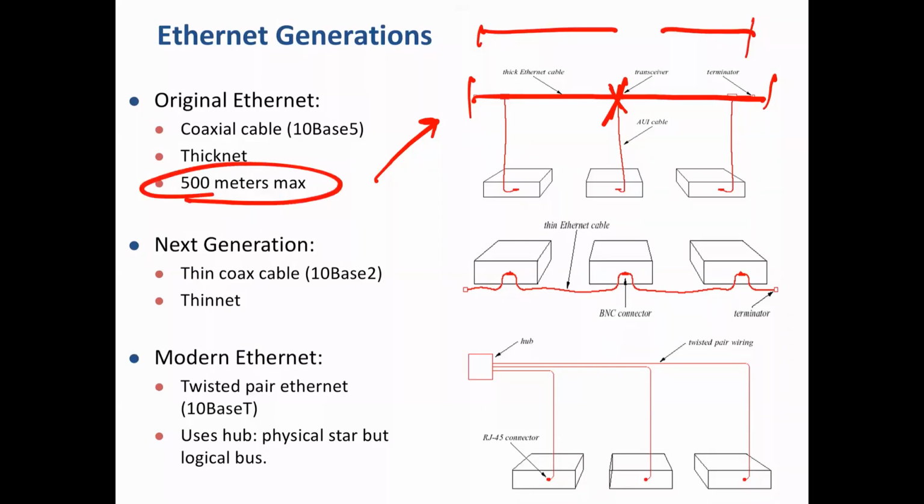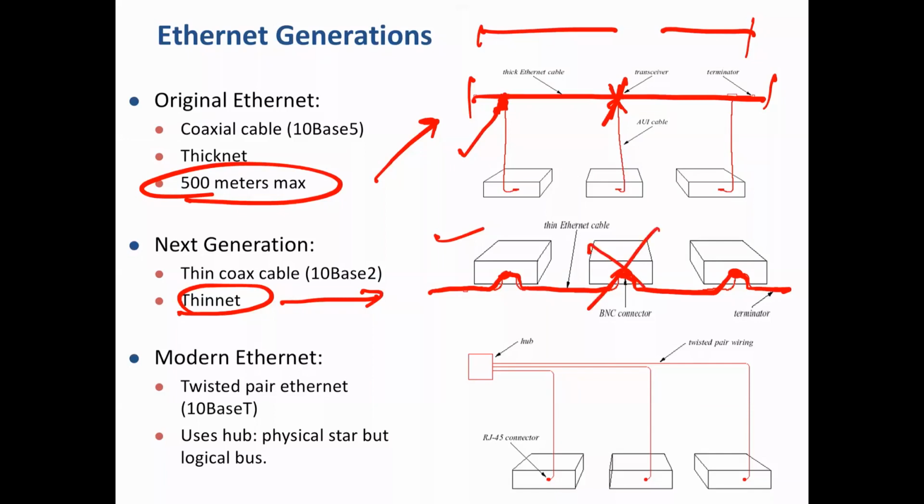Then the next generation came. Instead of having this kind of structure, why not run a wire across multiple machines, and the inside of the machine will be a card? That was called thin Ethernet. It came sometime around the 1980s. Now the issue here was, what happens if this machine is faulty?